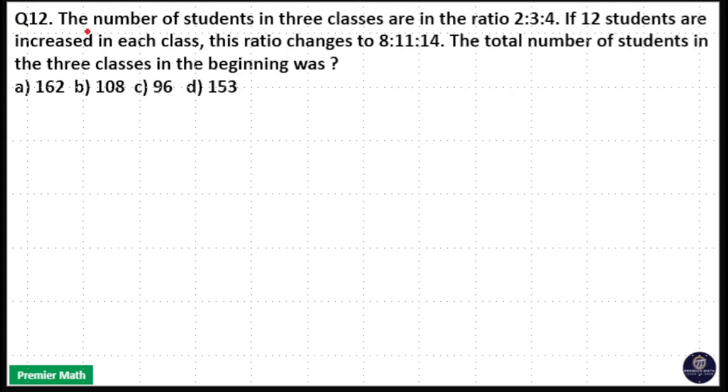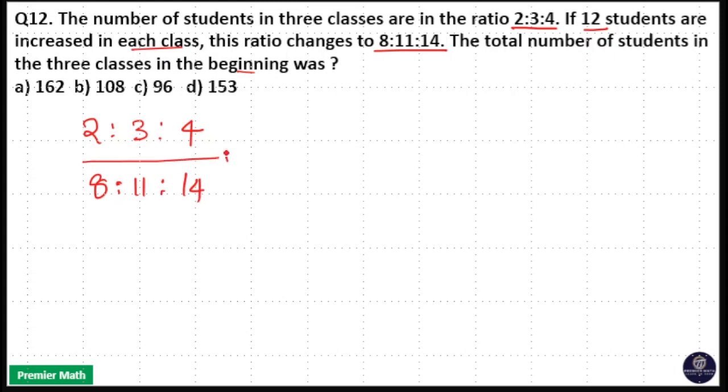Next is question number 12. The number of students in 3 classes are in the ratio 2 is to 3 is to 4. If 12 students are increased in each class, this ratio changes to 8 is to 11 is to 14. The total number of students in the beginning was. In the beginning the ratio was 2 is to 3 is to 4, and after increasing 12 students in each class, it changes to 8 is to 11 is to 14.